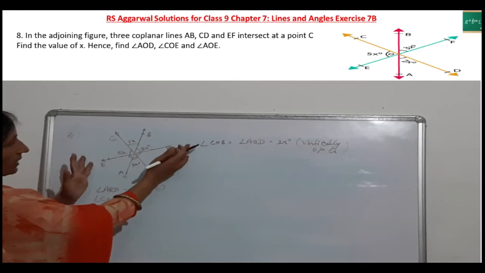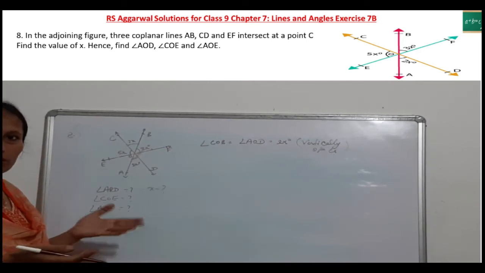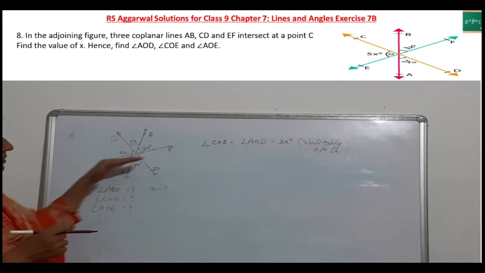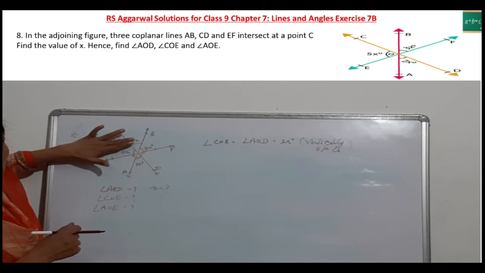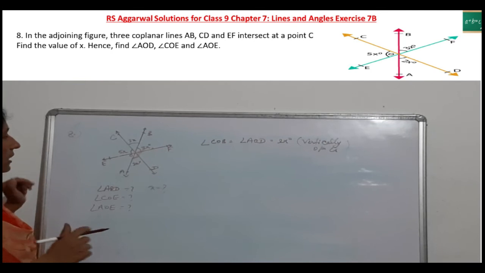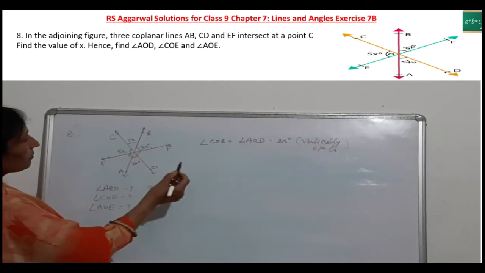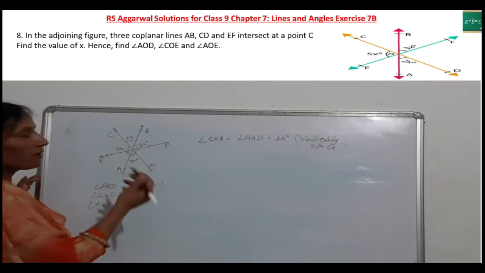Now see, this is line EF. It is given in the question itself that EOF is a line. So on the upper side of this line, the sum of all the angles will be 180 degrees, because it is a line. So we will find the sum of all angles, write 180 degrees, and then we can find the value of x.